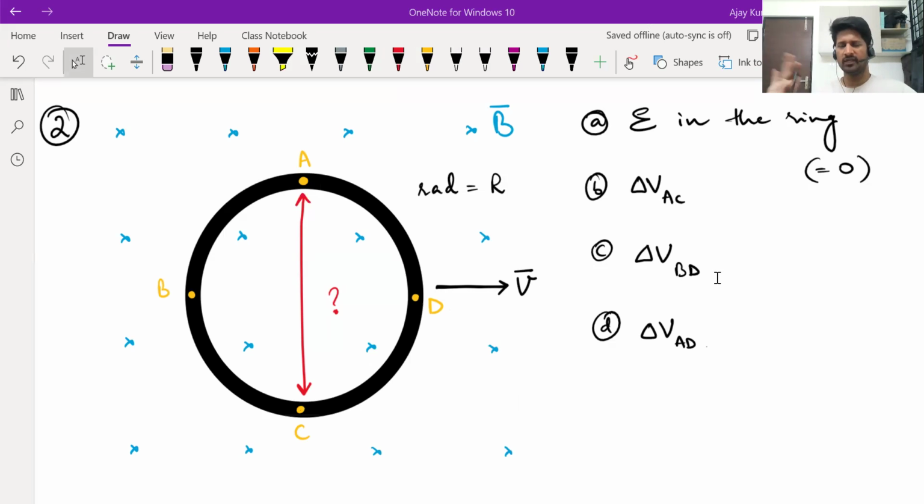It's a conducting ring moving inside a magnetic field. When conductor moves inside a magnetic field, what happens? Or what does the magnetic field do to the charges inside the conductor? What happened? You all are busy with something else or what? Rishi, what do you say? What does the magnetic field do to the charges in the conductor?